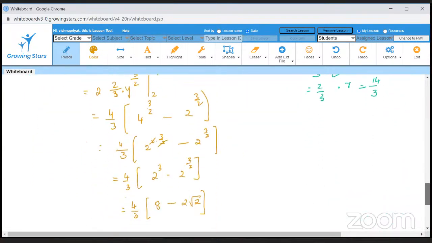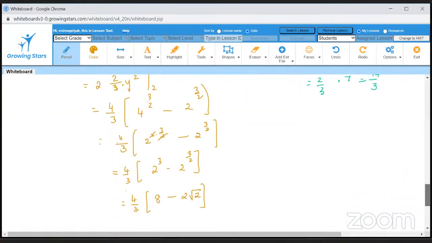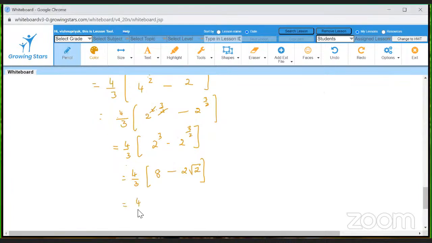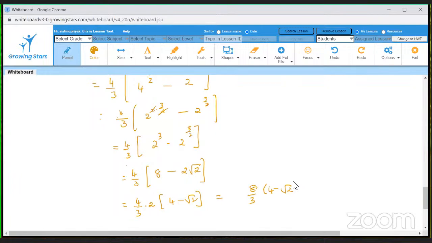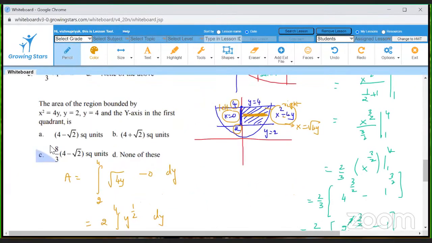Now because you have to take the options, select one of the options according to that. So you can take 2 common, so you'll have 4 minus root 2. And that is 8 by 3 into 4 minus root 2. So that is the option.